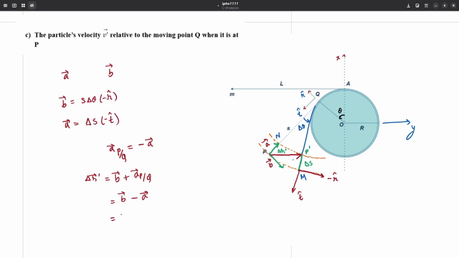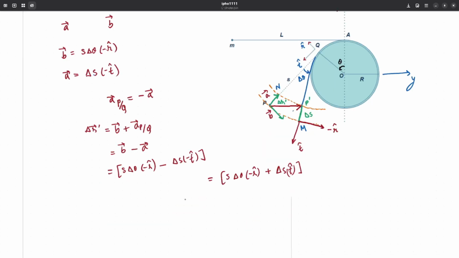So in place of B, we can write s delta theta minus r cap, minus, in place of A, delta s minus t cap. This gives us s delta theta minus r cap plus delta s t cap. Now we multiply and divide by delta t on the right hand side of the equation.